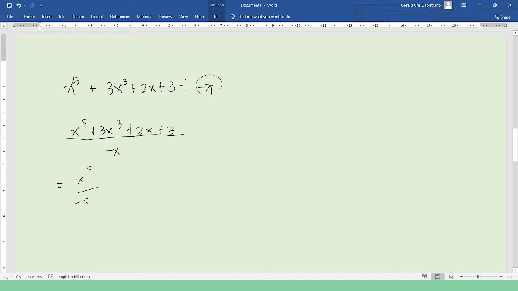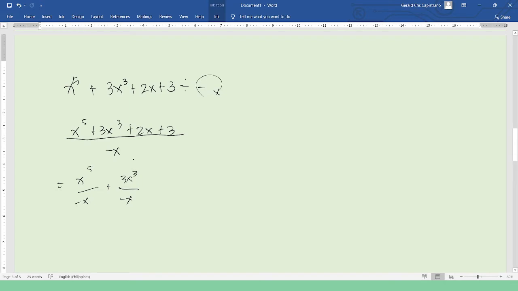We just need to divide that by negative x. Then we need to add 3x cubed divided by negative x. Then we'll have, o nga no, lagyan natin ng coefficient para magkaroon ng depth yung discussion natin. Let's say we have 3. Okay, negative 3x.